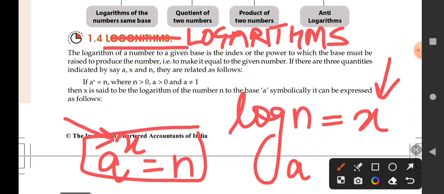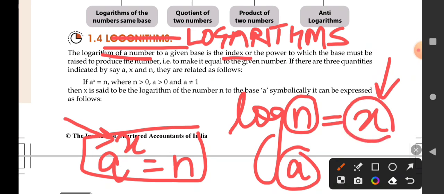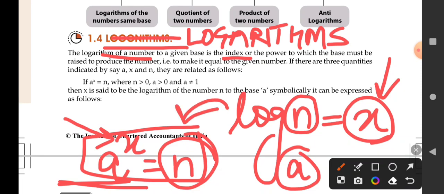Okay, so let us read the sentence again. The logarithm of a number, suppose the number is n, to a given base, that is a, is the index, that is x, or power to which the base must be raised to produce the number, like if we write it in this form, to make it equal to the given number.